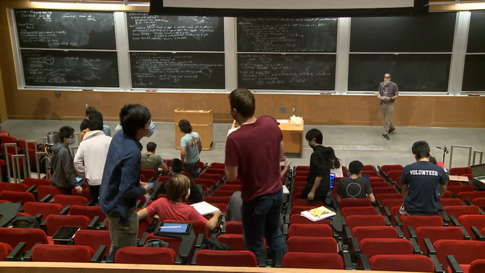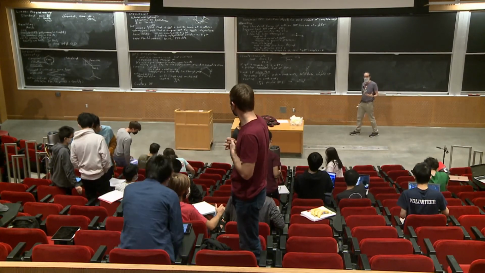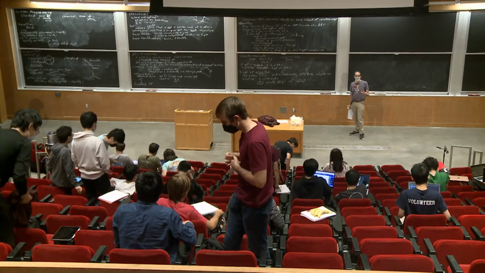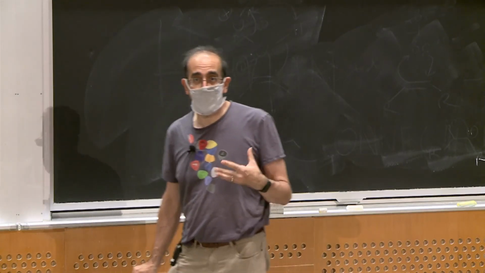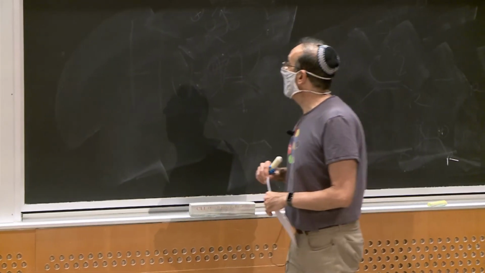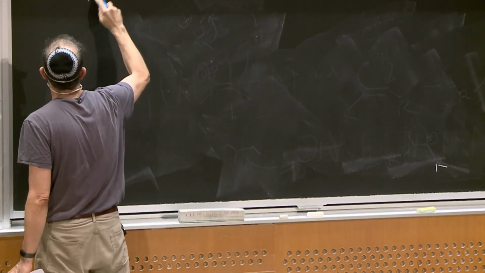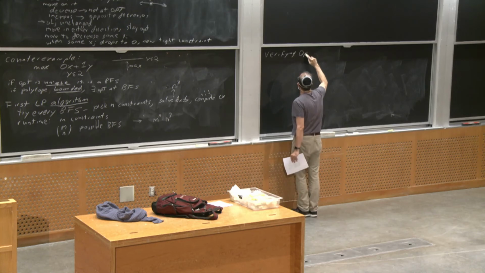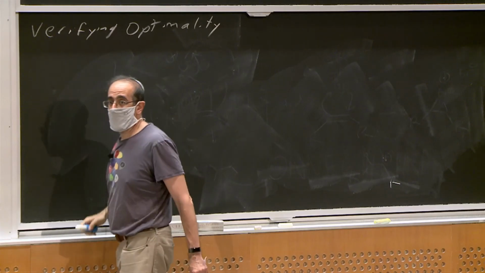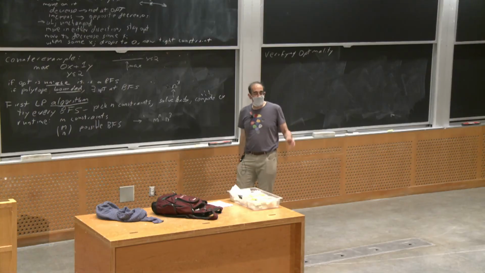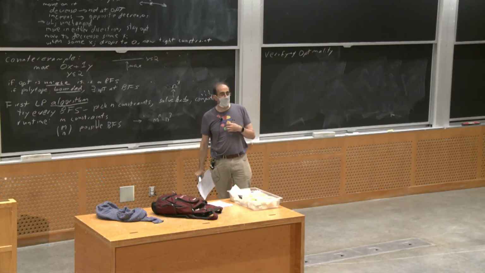All right, let's resume. So we've now talked through the structure of optima. We understand a lot more about what the input problem looks like and what the output optimum looks like. So the next step is going to be about verifying optimality. Again, if I give you a linear system, you can just check, does Ax in fact equal b?